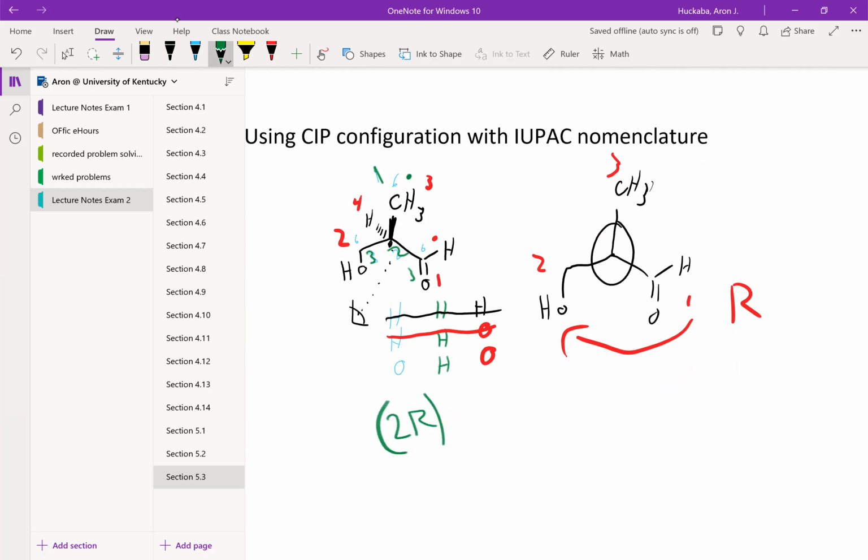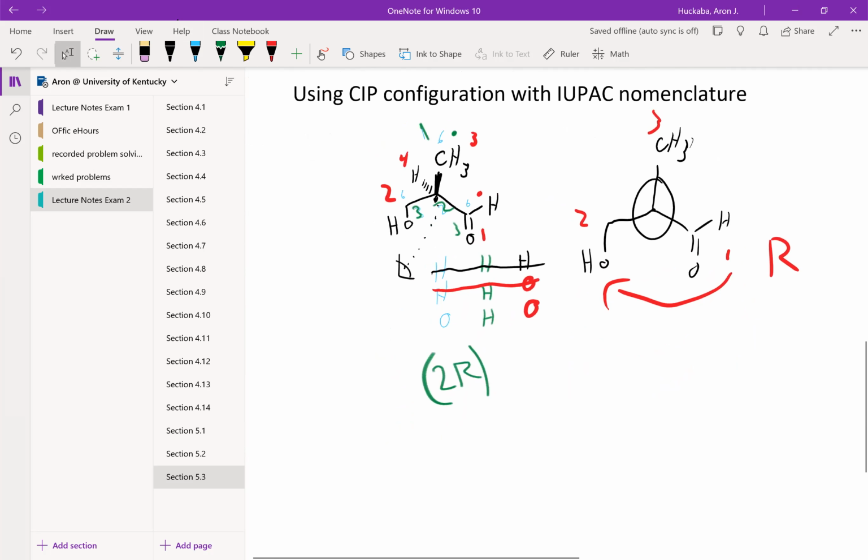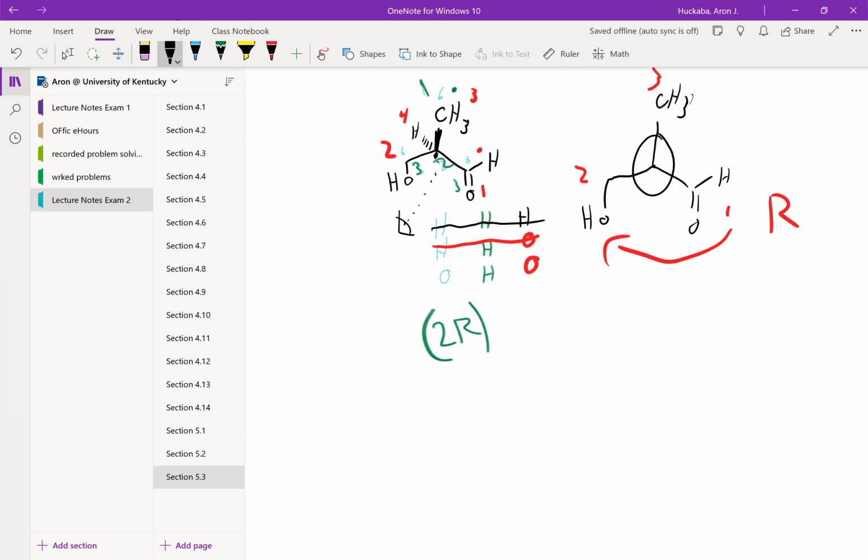So let's do a slightly easier example that has naming that we actually know how to do here. So here, we're going to do this molecule. Hydrogen there.